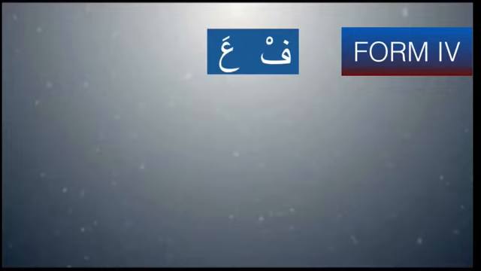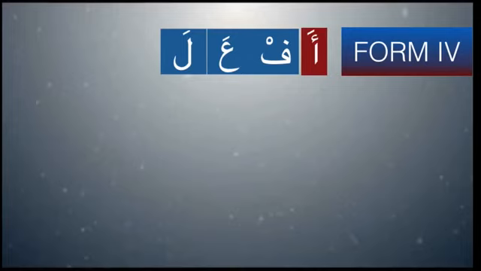So moving forward, let's recap form 4. In form 4, the fa kalima will have a sukoon normally, and the ain kalima and lam kalima will have a fatha, where a hamza is added to the three-letter verb. It is hamzatul qata, not the wasal, added in the front. That becomes form 4.